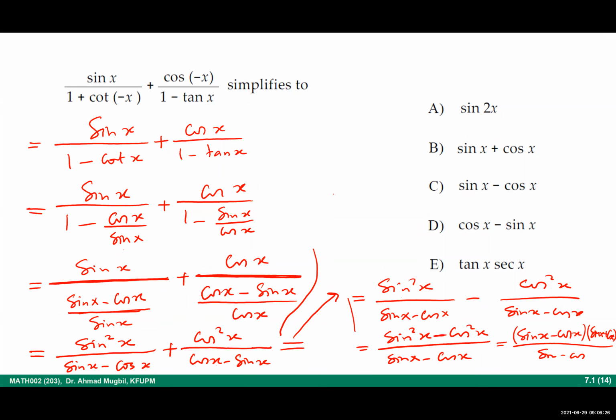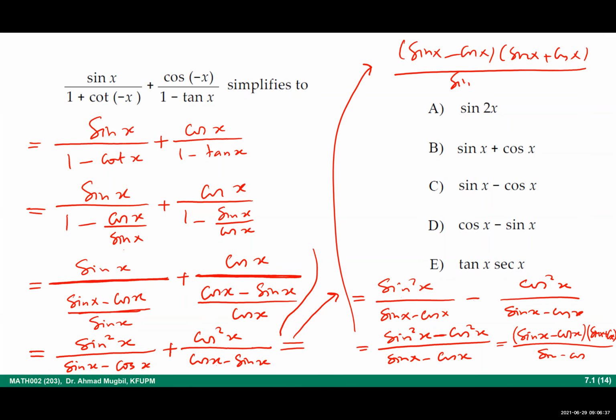Let me write it here for you: sine x minus cosine x multiplied by sine x plus cosine x, all over sine x minus cosine x. Now this will be cancelled with this, and we have this at the end. The answer is B, as most of you chose the right answer. This is good.